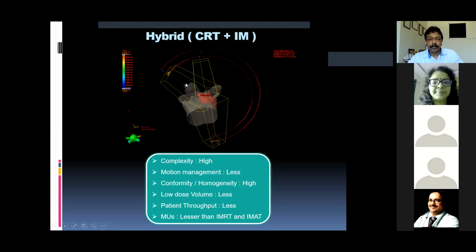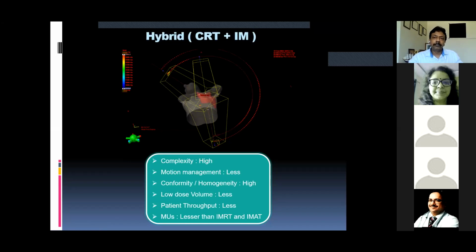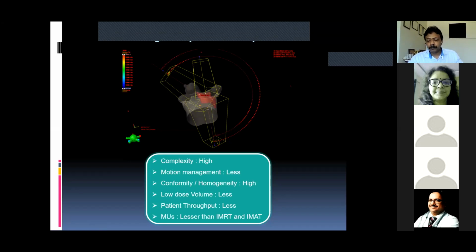But in field in field technique, the planner has to adjust all the beam weights and everything. So it is sometimes complicated. I think forward planning is better in breast cases. But we also use IMRT and static field combinations in craniospinal irradiation patients, and in this situation also this hybrid technique is very useful.